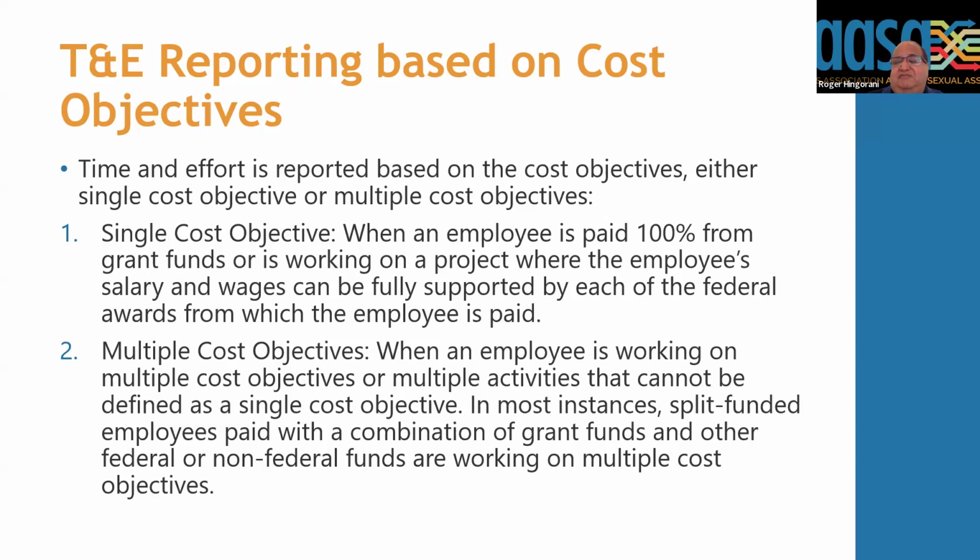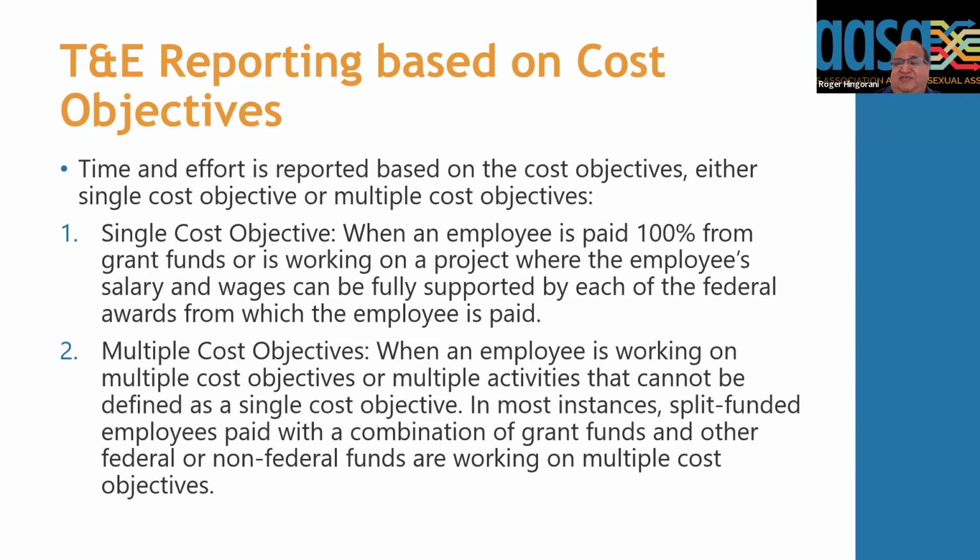For the most part, we don't see that a lot, at least not with the grants I monitor. So either your employees are 100% paid, or if they are split funded with different grants, that's where the multiple cost objective comes in. This is when an employee is working on multiple cost objectives or multiple activities that cannot be defined as a single cost objective, which means that each funding source has its own objectives and it cannot be paid for by another funding source.